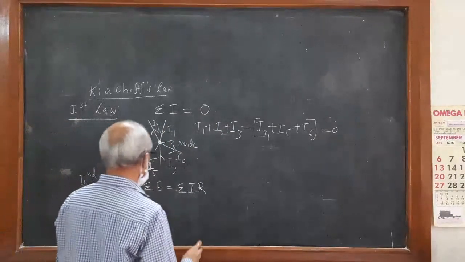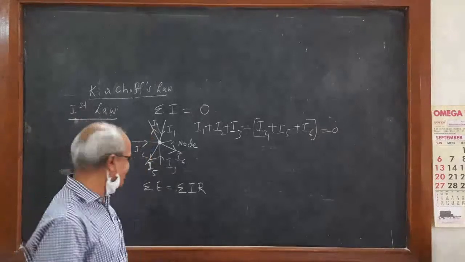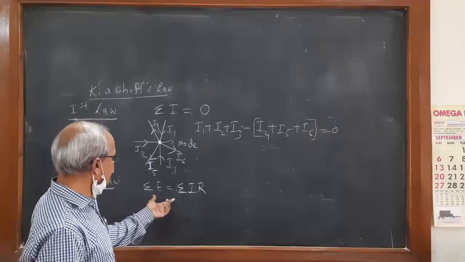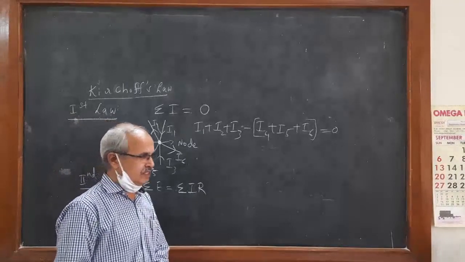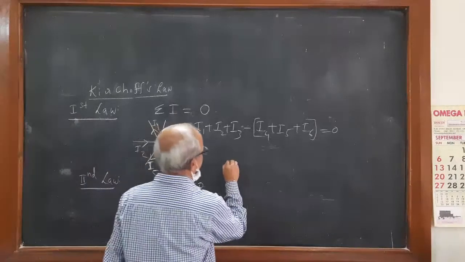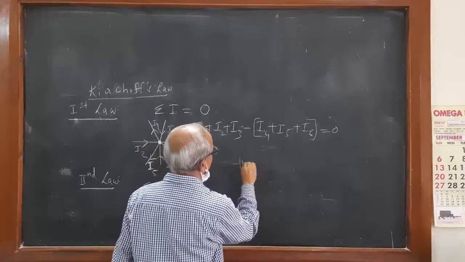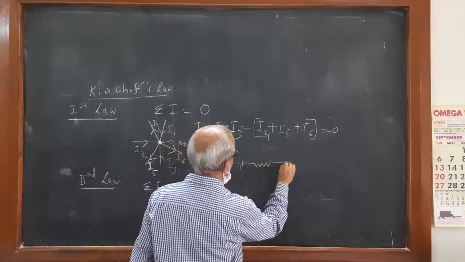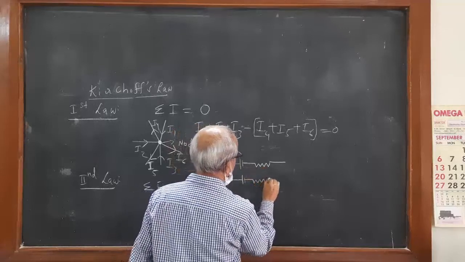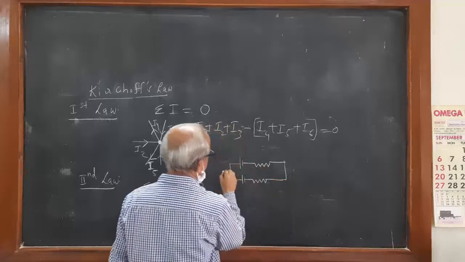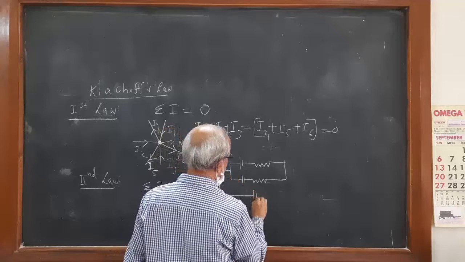Then only you will understand electrical networks, designing of electrical networks, designing of electronic circuits. So it is sum of E is equal to sum of IR. Just let me draw a diagram here. Here the main current is flowing through it.